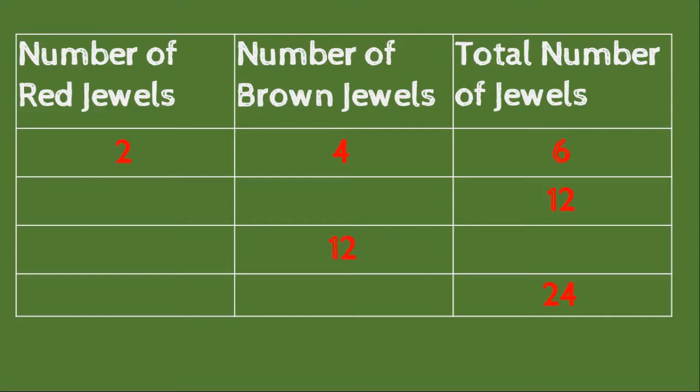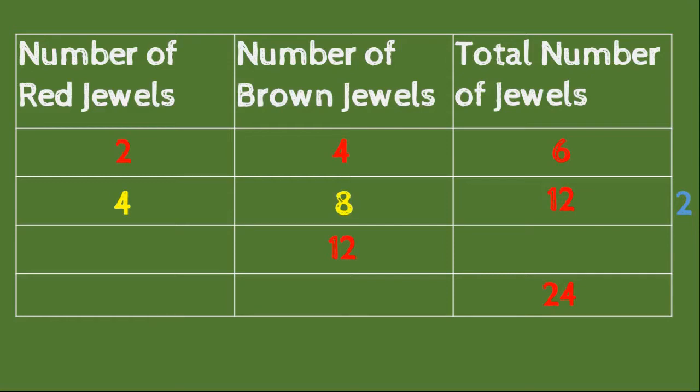We can then apply that same formula, 6 times 2 equals 12, to figure out how many red jewels and brown jewels it should be. 6 times 2 equals 12. And then 2 times 2 equals 4. The same way we can figure out the number of brown jewels, which would be 4 times 2 equals 8. And that would finish the first exercise.